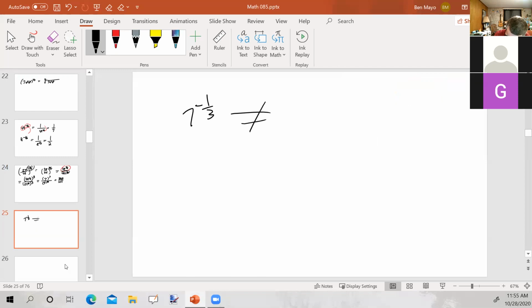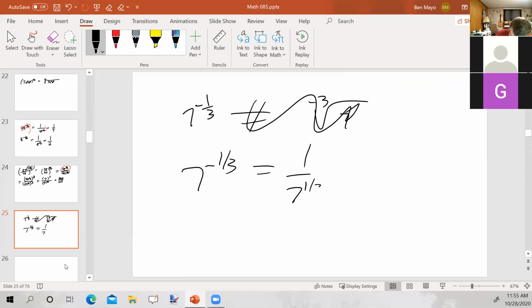It would not be that, okay? What you'd have to do is rewrite it like this, and then it would become that. So you can't have a negative index. We just don't go there. You have to do that reciprocal to get rid of it first. Okay.